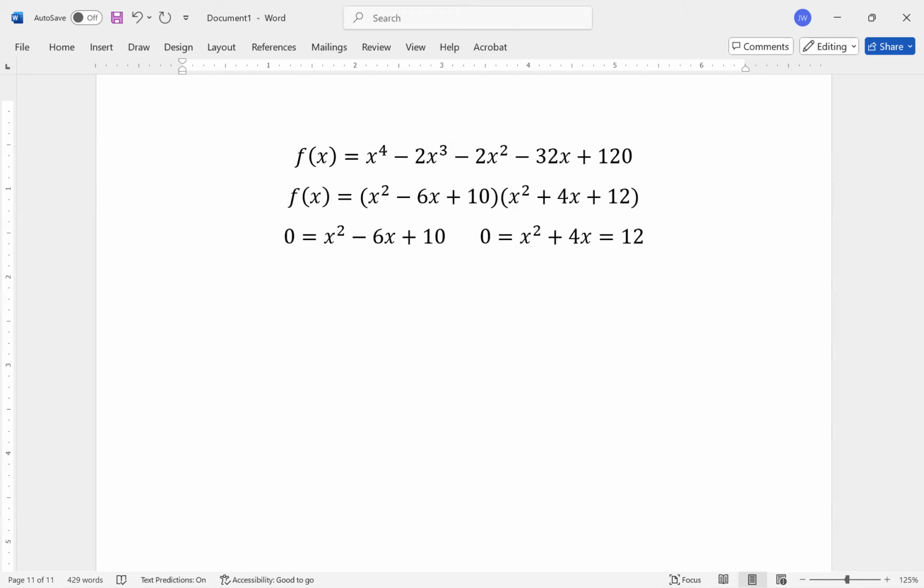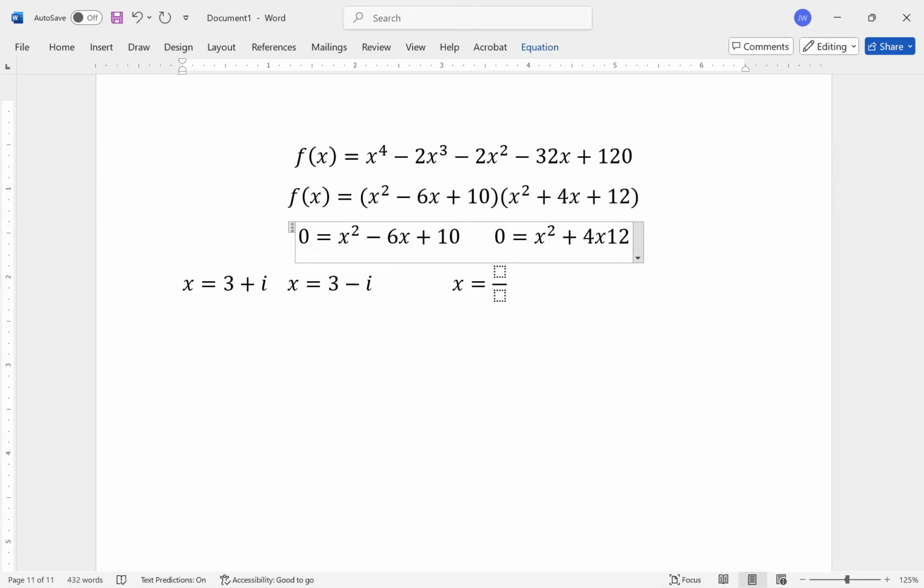So again, the first one gives me x is equal to 3 plus i and x is equal to 3 minus i. That's what we saw earlier. The second one would give me an x value. Well, this one doesn't factor.